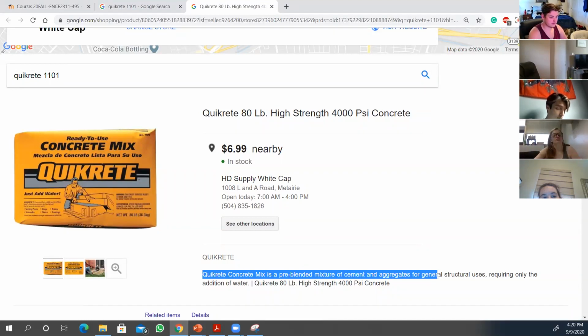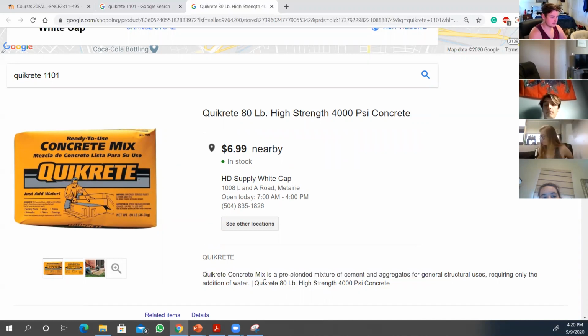I need gravels, aka coarse aggregate. I need cement, and in order to bond this, I need to add water. So cement and water act like a glue, right? And if I look at it, it says Quikrete is 80 pounds, high strength, 4,000 PSI concrete.